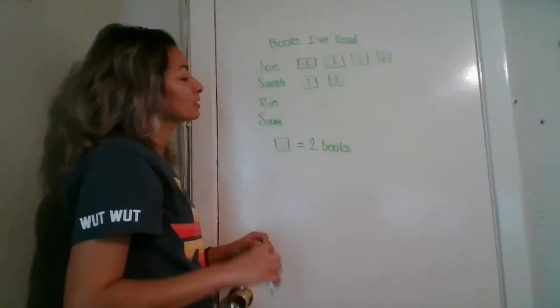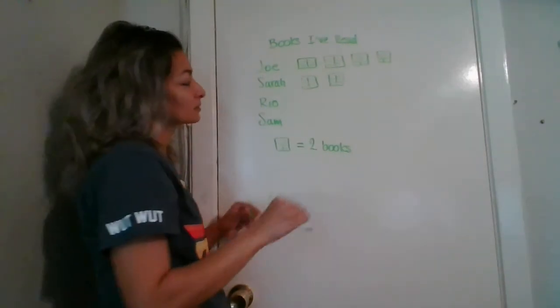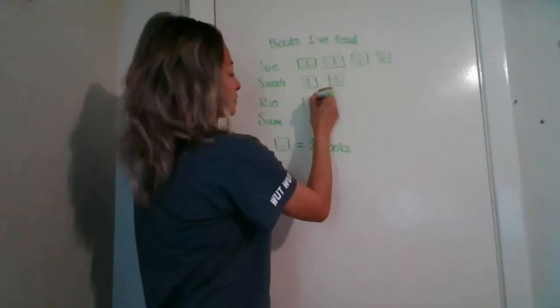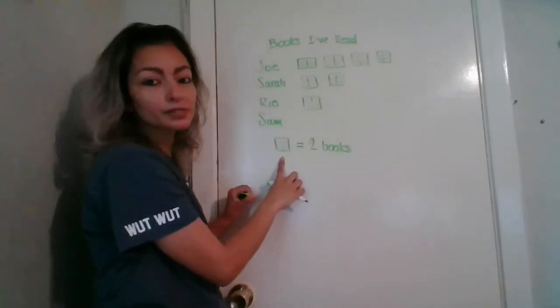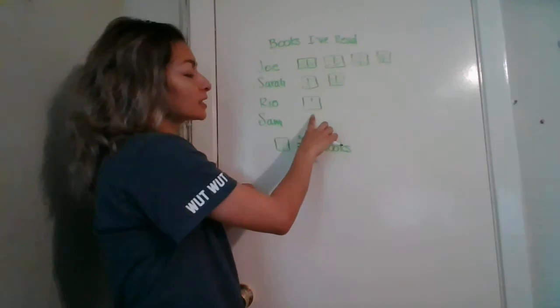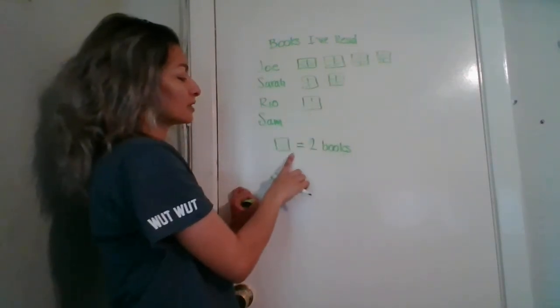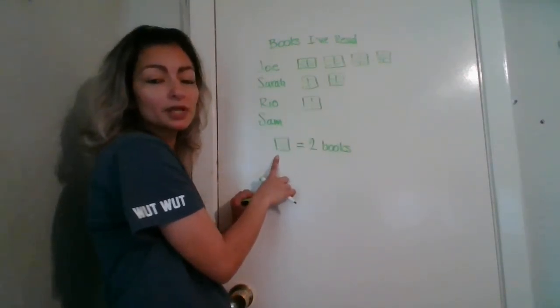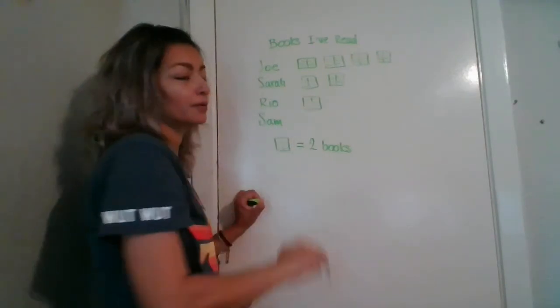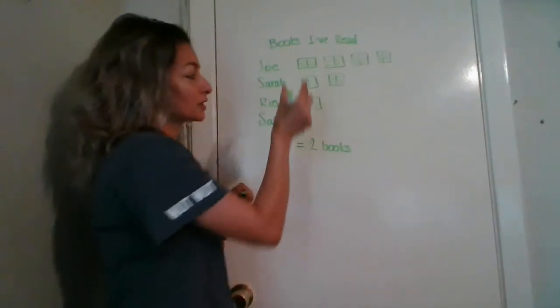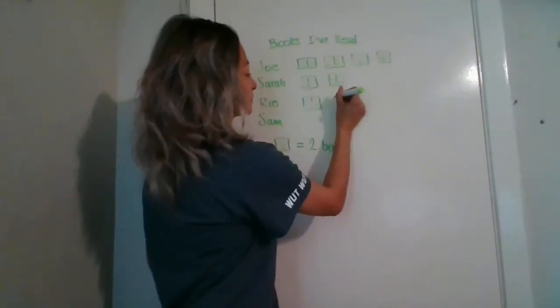If Rio only read 3 books, well, I'm going to use one of my symbols that represents 2. But since he only read 3, I cannot add one complete symbol like this because I only need one more book that he read. So I am going to only draw half of it.